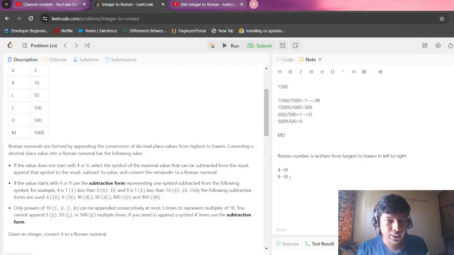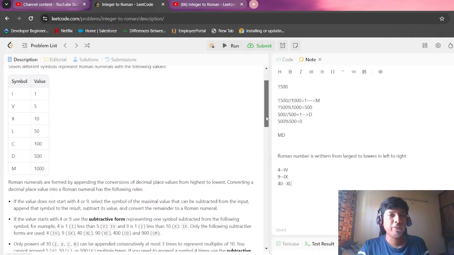And then comes XL, which is 40. L is 50 and X is 10, so 50 minus 10 becomes 40. So all the cases are given to us by LeetCode.